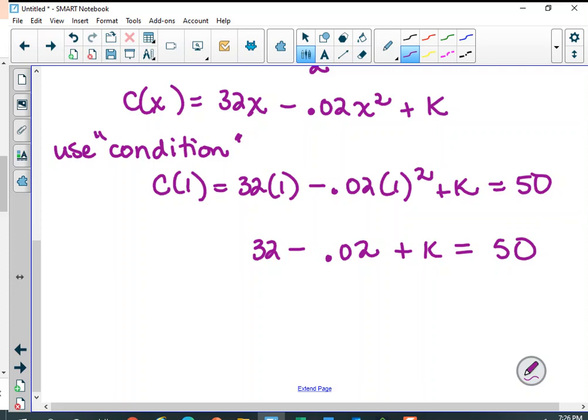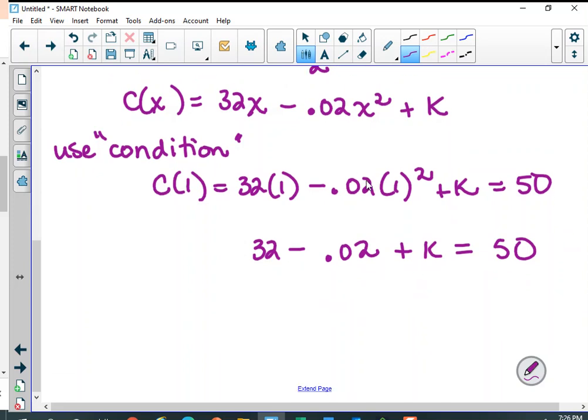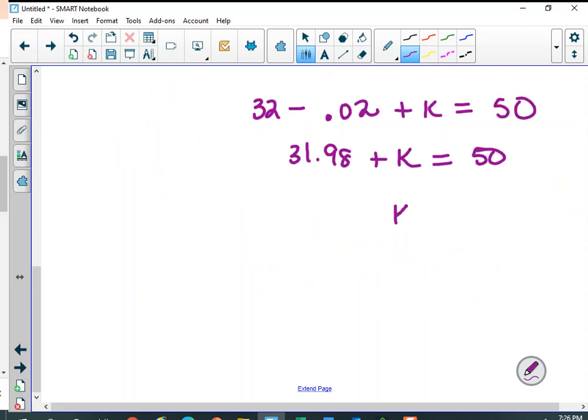Why am I getting... What did I do wrong? Oh, because then I'm going to subtract that from 50. So this is 31.98 plus k. Sorry, guys. Doing my best. And so if I take 50 minus 31.98, I get 18.02.